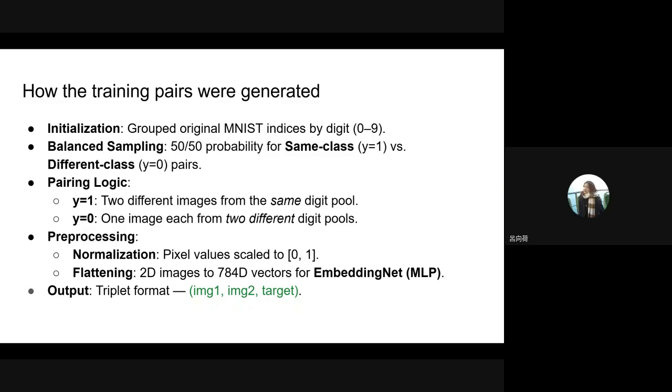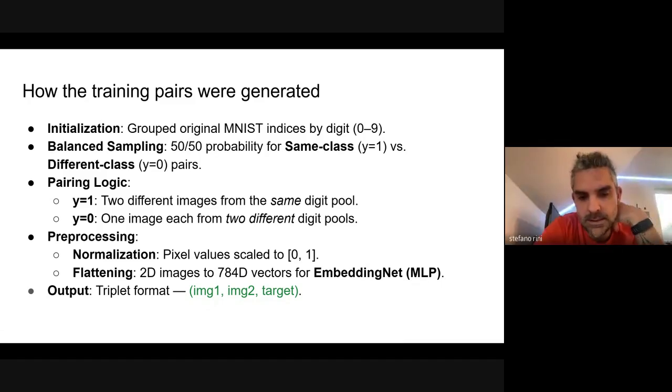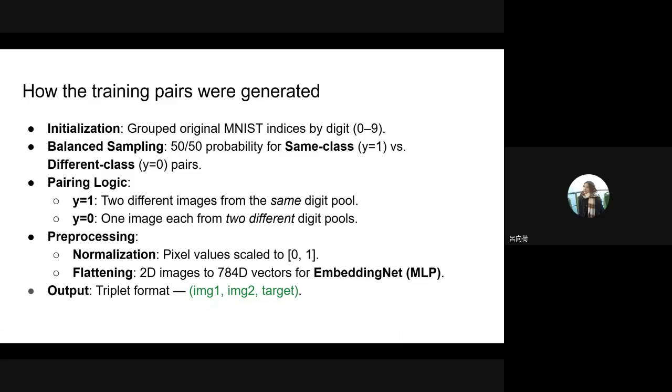The size of image one is, like, just load the data set. So the size of image one is 784. Okay. Size of image two is also 784. Correct? Yes.